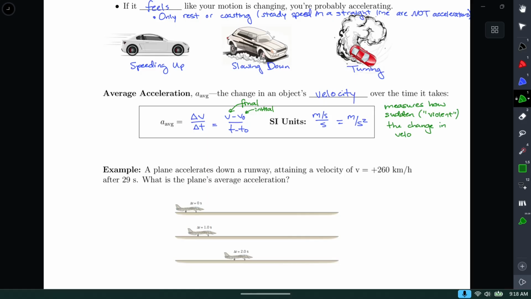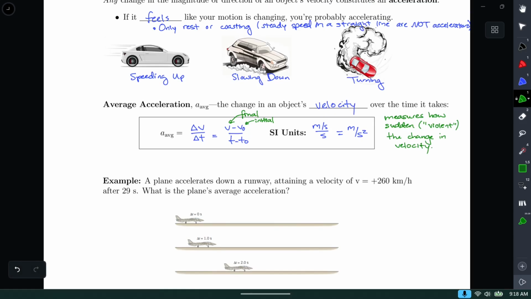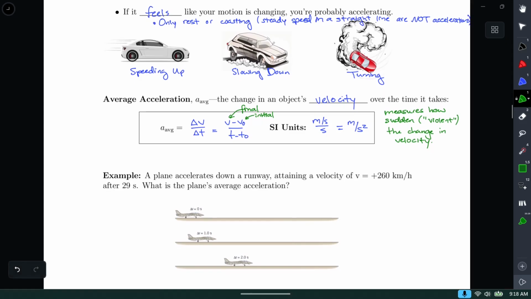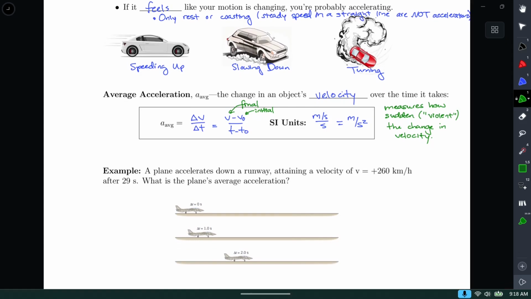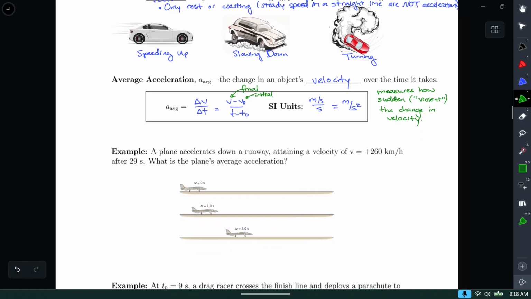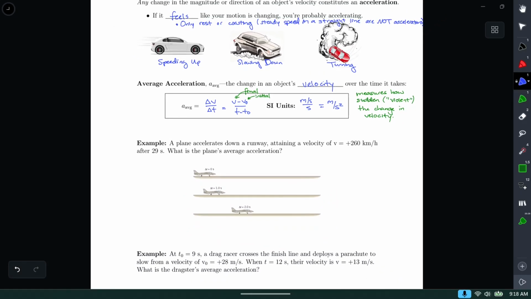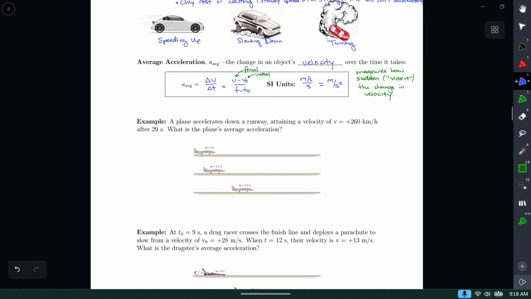If you have to slam on your brakes, that will feel like a violent change in velocity, a very sudden one. Or if you have to floor it to get on the interstate, that will feel like a pretty violent change in velocity. Or if you have to take a really fast turn, pretty violent change. Right, and we'll do some math with this.